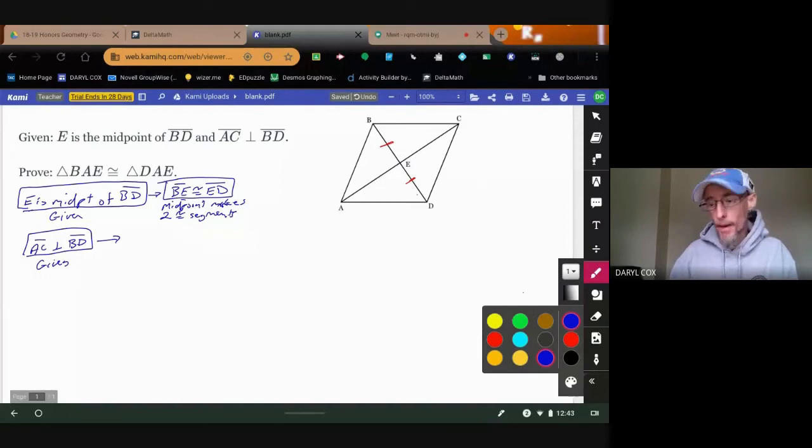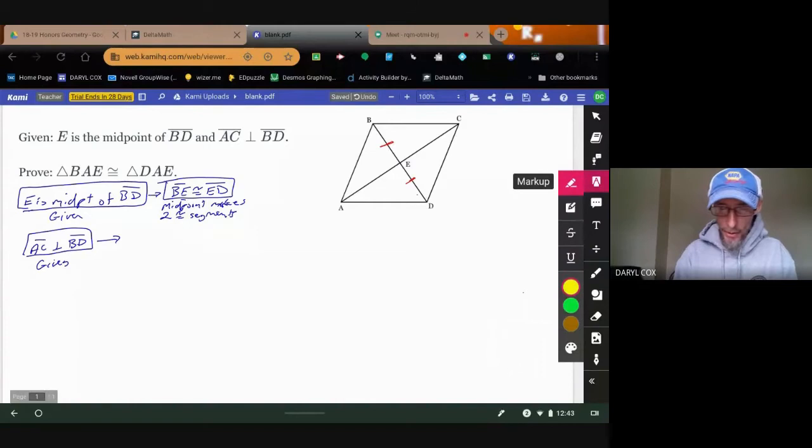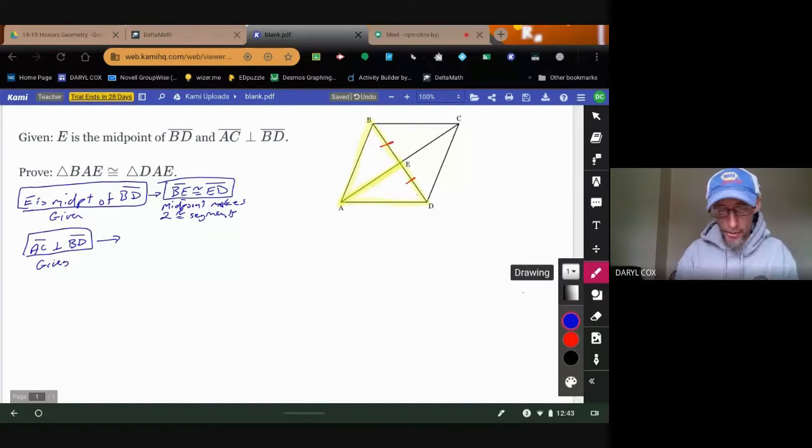Now, before I name my right angles, let me look at something. Let me look at what triangles I'm working with. BAE is one triangle, and DAE is another triangle. The reason I want to look ahead here is I want to make sure I name my correct right angles.